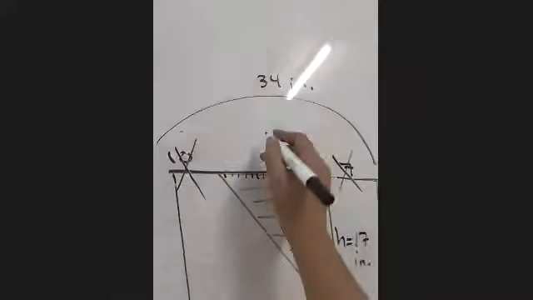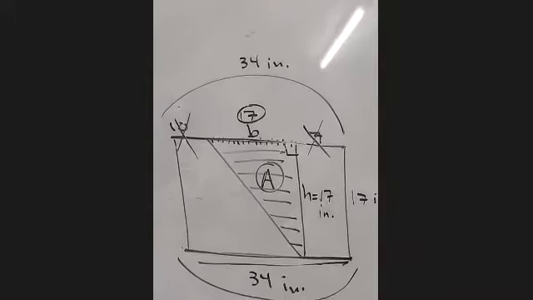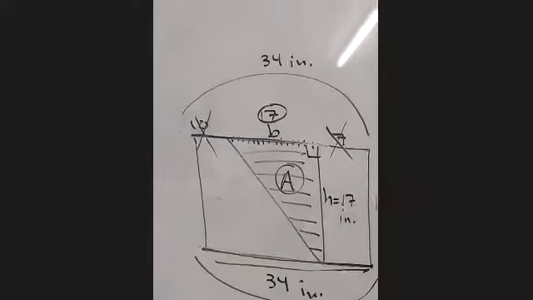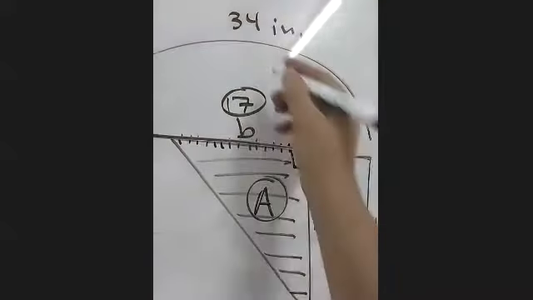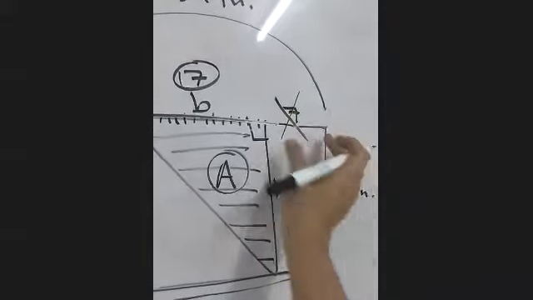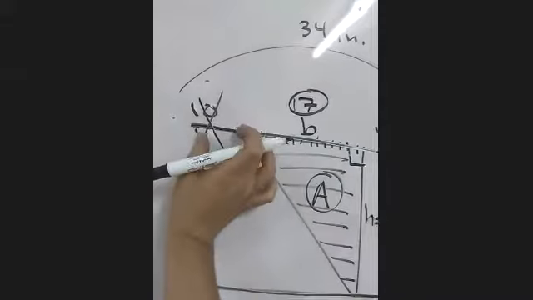17. How did you get it? We will divide by 2. Why do you divide by 2, son? Yeah, mister, I don't want the 7. Cut this part, cut this part.